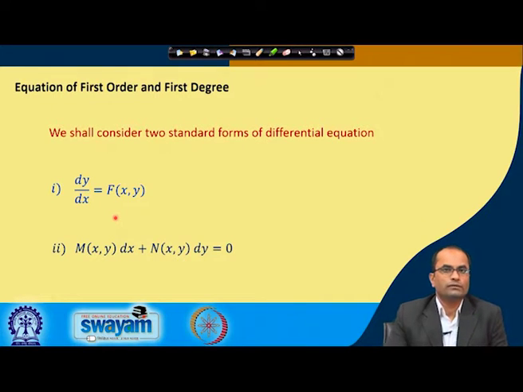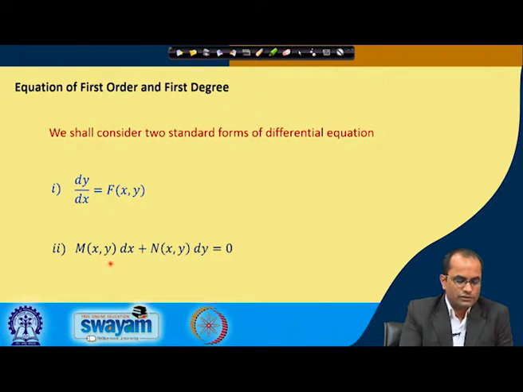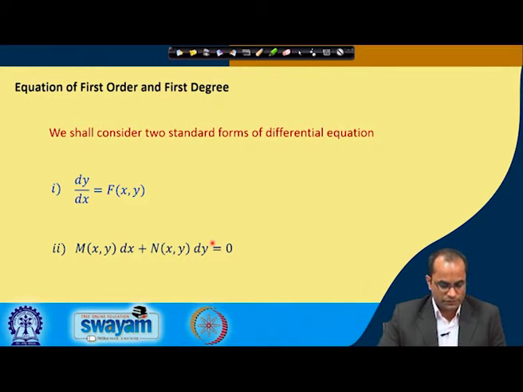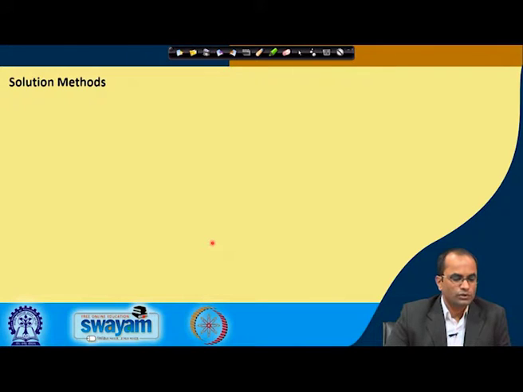The other form is M(x,y) dx plus N(x,y) dy is equal to 0. These are the two types of first order differential equations we will be covering in this and the next few lectures. So, the solution techniques.